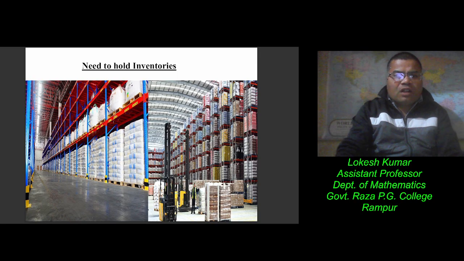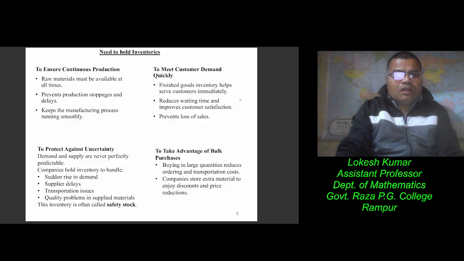Why do we need to hold inventories? We need to hold inventories to ensure continuous production. Raw material must be available at all times, prevents production stoppage and delays to keep the manufacturing process running smoothly.